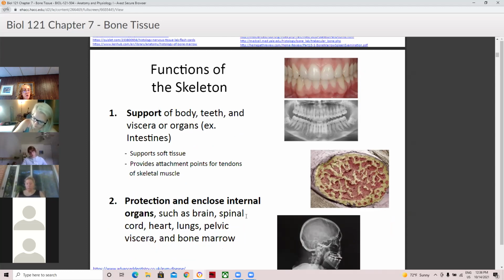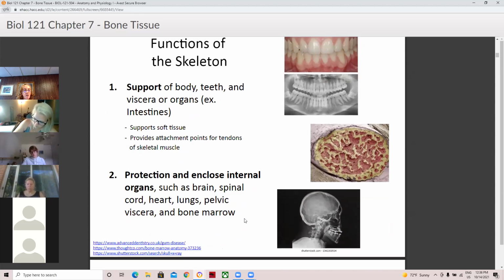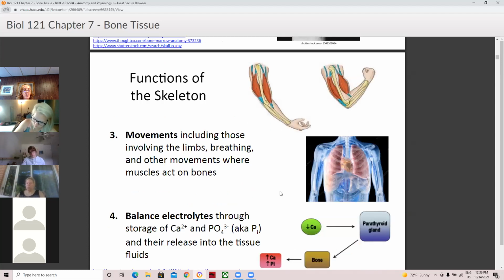It's involved in protecting and enclosing internal organs. It's involved in movement using the bones as levers. Muscles allow for movement and breathing and so forth.